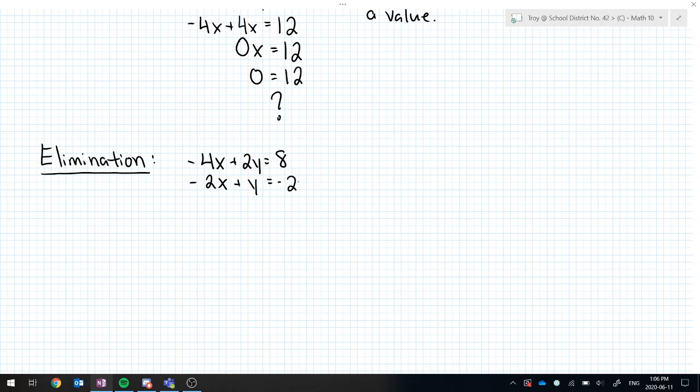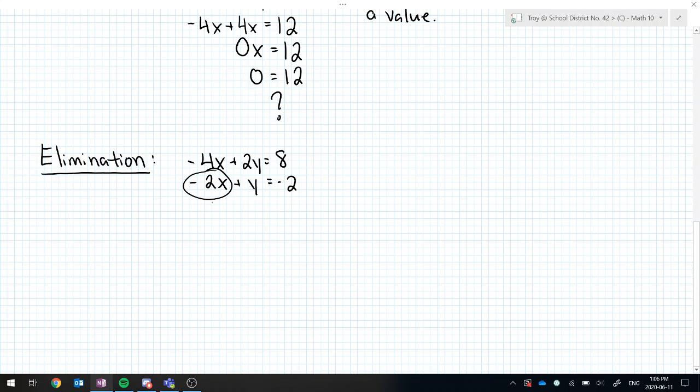The two y coefficients are not equal to each other. So we're going to have to multiply one of these two equations by a constant. So we can try canceling out the x's here. So if we want to try to cancel out the x, we can see that this is a 2 and this is a 4. So if we simply double the 2 here, we'll have two 4s.